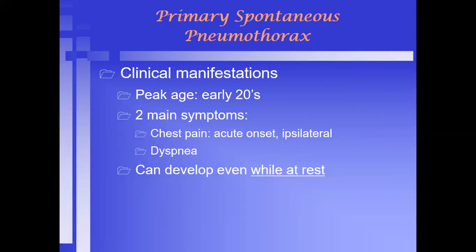Patients will be dyspneic because of the stretching of your respiratory muscles. Your primary spontaneous pneumothorax can actually develop even while at rest. So some patients, even if they're not doing any strenuous activity, can still develop your spontaneous pneumothorax.